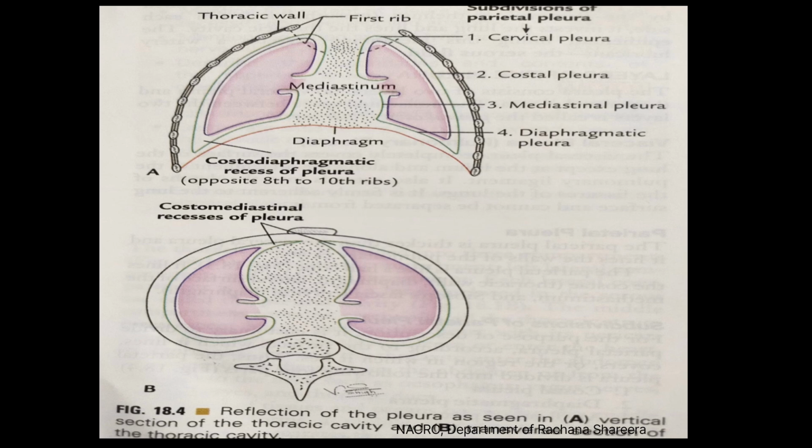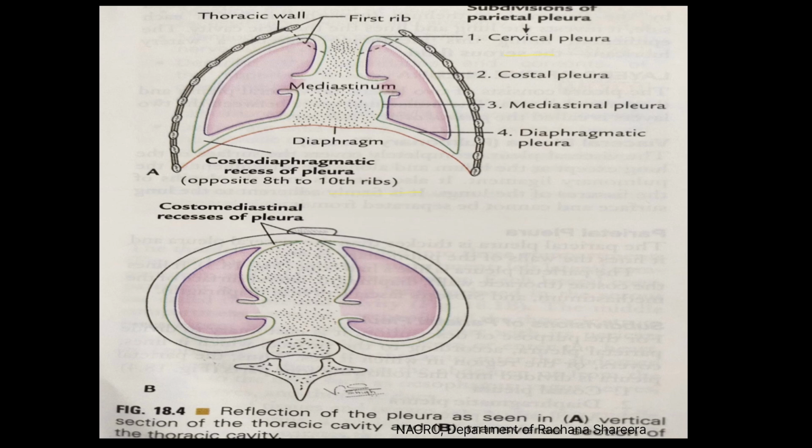The reflection of pleura is seen in a vertical section and a transverse section. In vertical section, we see the subdivisions that we have made: cervical, costal, mediastinal pleura and diaphragmatic pleura. These are the lungs. This is the thoracic wall made by the thoracic cage.